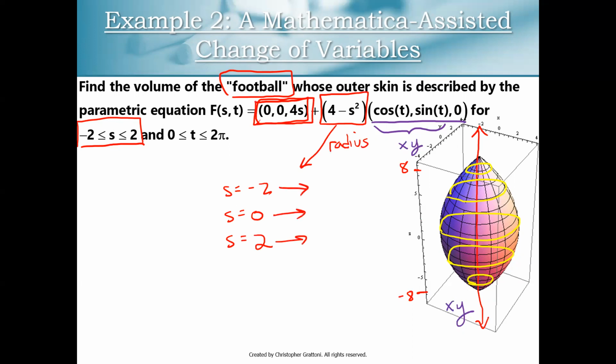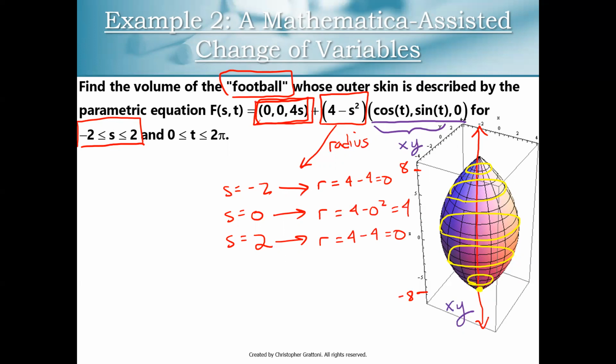So when s is equal to -2, the radius of our particular circular cross section at that point is going to be 4 minus 4, which is equal to 0. Then when s is equal to 0, we have 4 minus 0 squared, which is just 4. And then when s is equal to 2, that's 4 minus 4, which is, again, 0. So what we have going on is a radius that starts out at the tip of the football.